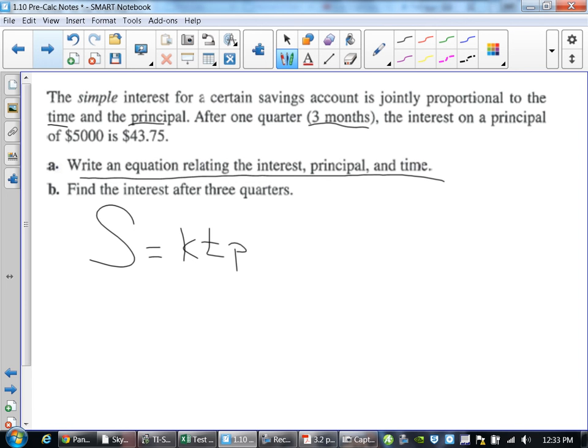So after 3 quarters, we're going to figure that out. Our interest was $43.75, that's equal to K times our 5,000 times 3. What do you get for K? Some number.